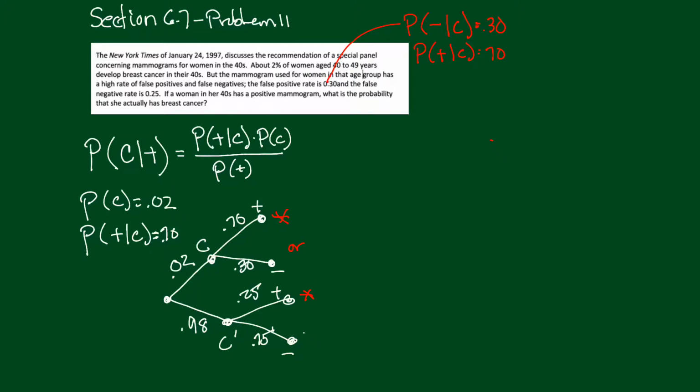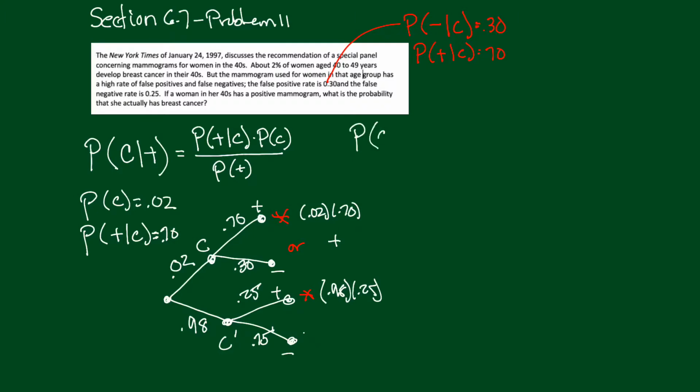So it's 0.02 times 0.70, plus this one down here. To get here, you have to come down this branch and then that branch. That's going to give you 0.98 times 0.25. So let's substitute everything in.